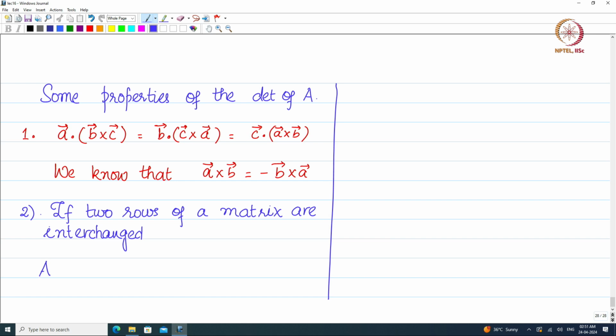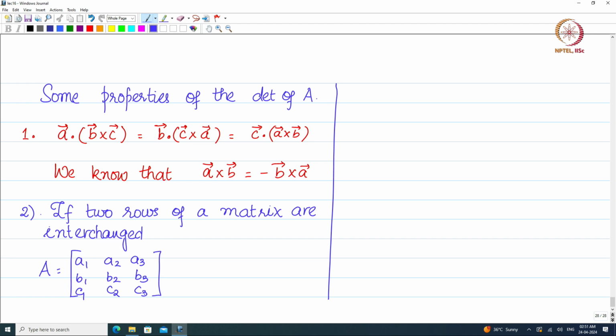Suppose I have a matrix A which was actually this, we had A1, A2, A3, B1, B2, B3, C1, C2, C3, right.